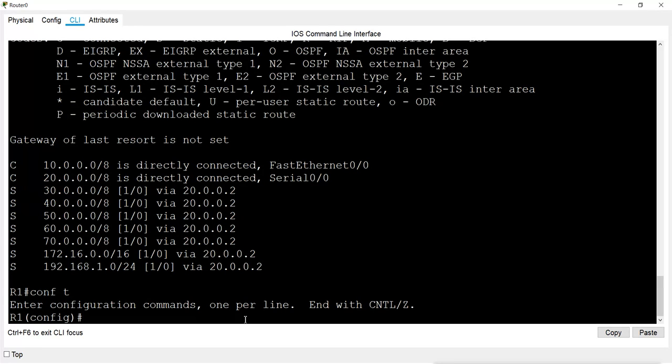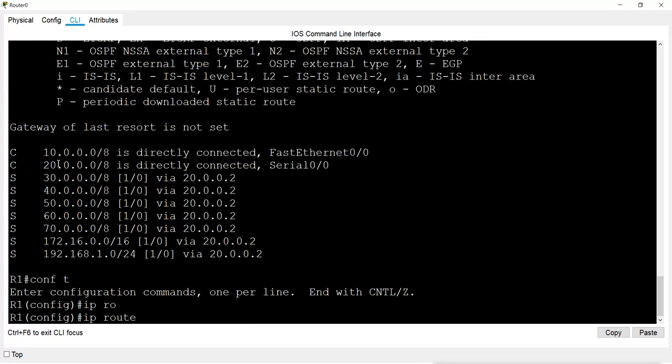For configuring the IP route, the command was ip route, then the network, then the subnet mask, then the gateway. So this was the command to configure that route. Now I want to remove that route.